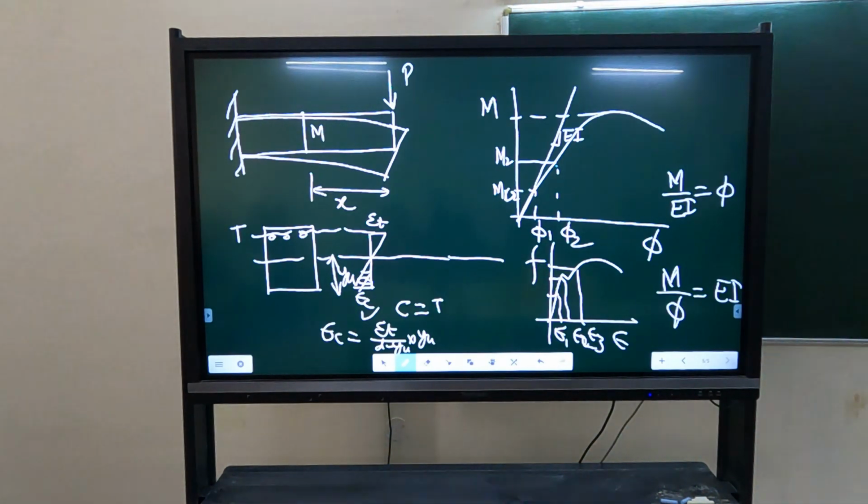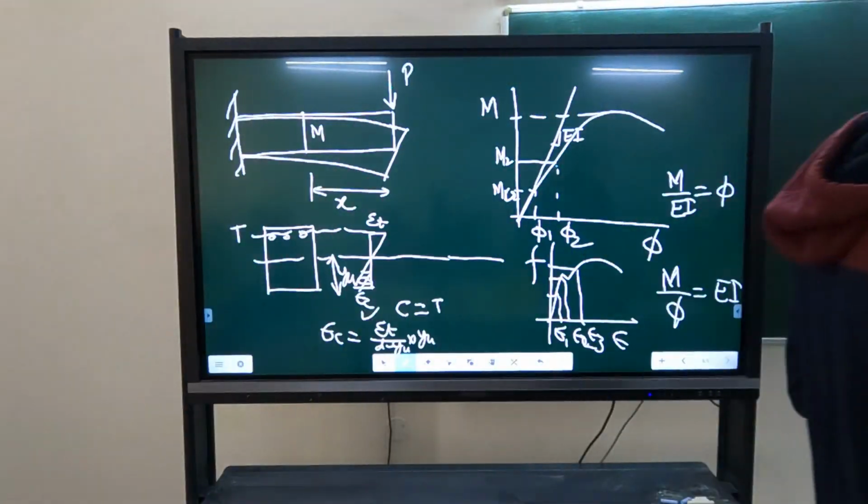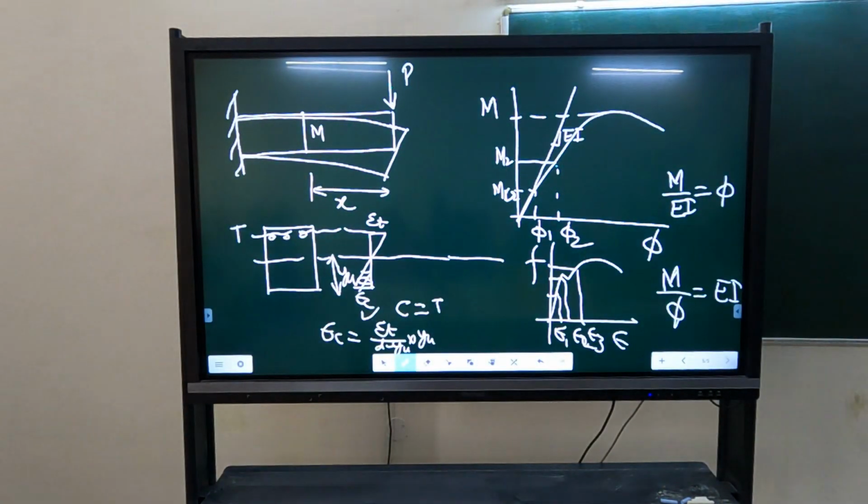We will calculate the cracking moment, with the cracking strength equal to 0.7 root fck, divided by the modulus of elasticity of concrete, because I told you that the slope near the origin remains the same in concrete in compression and tension. So E remains the same. So you simply calculate epsilon T is equal to fcr divided by Ec.